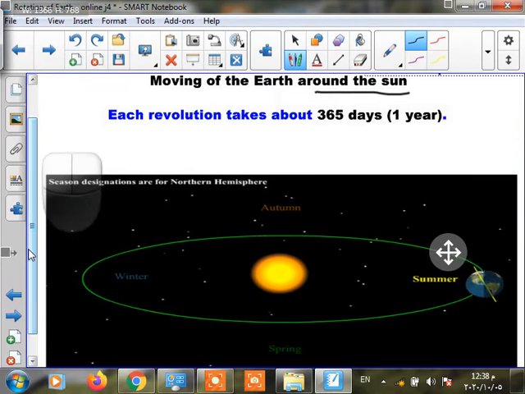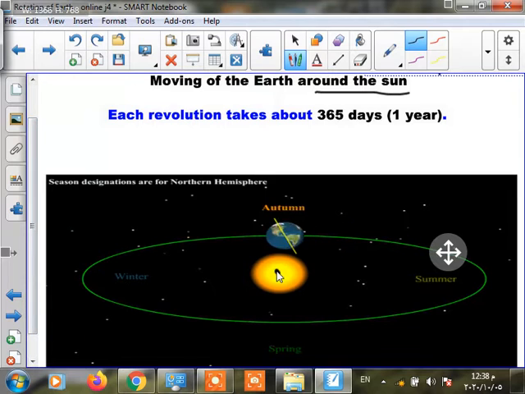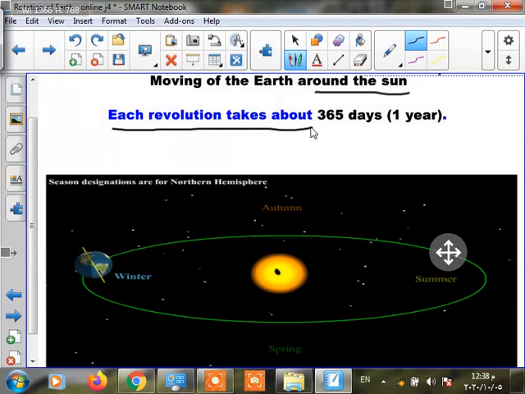Like this picture. Here is the sun in the middle, and here is the Earth moving around the sun in a green orbit, as you see. This revolution has a time. The time of revolution takes 365 and a quarter days.